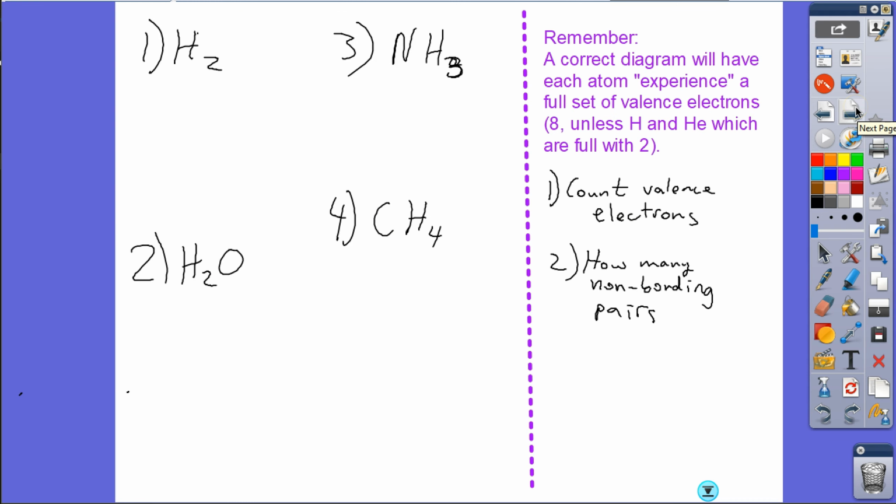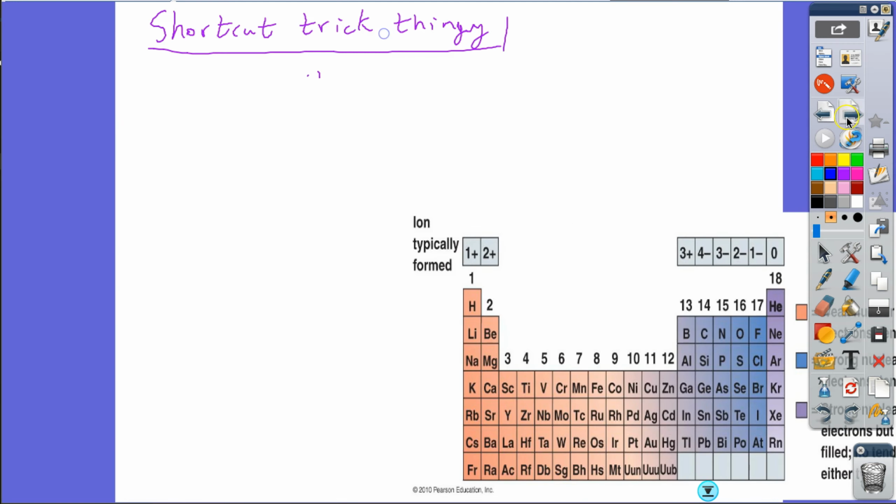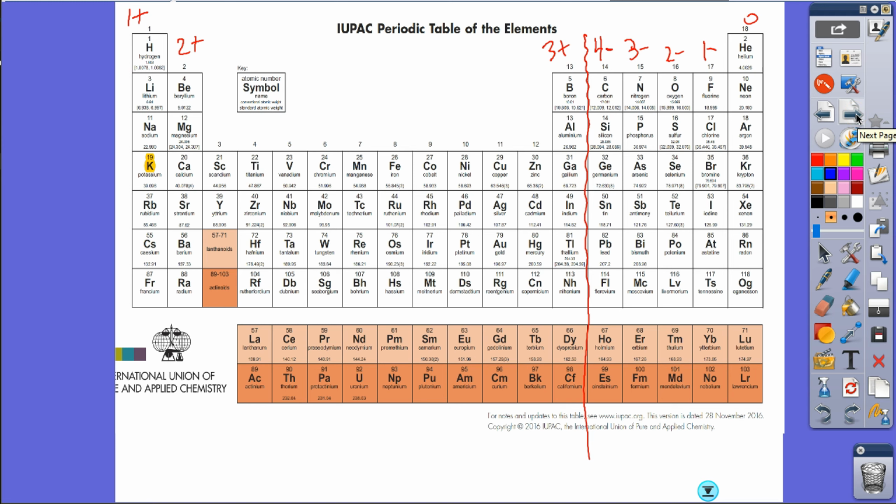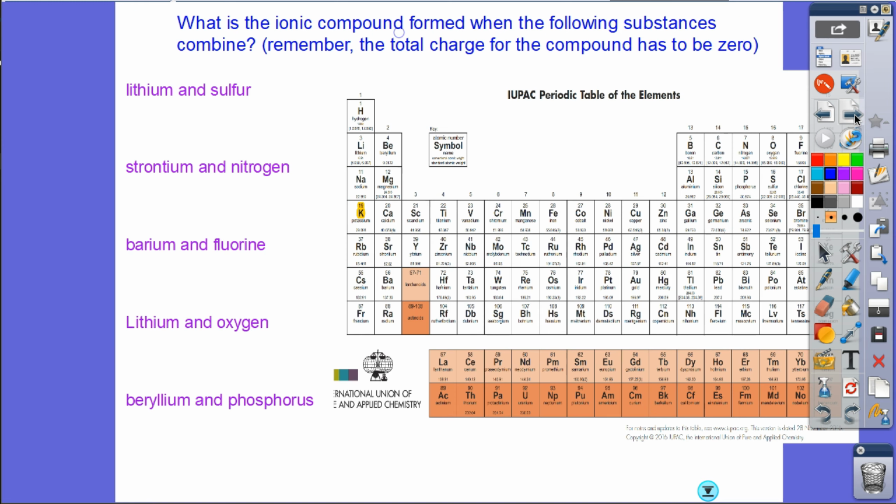All right, so let's try these as practice. If you want, you can pause it, see if you can figure out what it would look like, and then watch me do it. But I'll do it kind of quickly just so this video doesn't take forever. So hydrogen, there's 2 of them, so I'm going to write 2 hydrogen atoms. And then we go back and find a periodic table and figure out how many valence electrons are in hydrogen. Well, it's in the first group, so it's only got 1 valence electron.